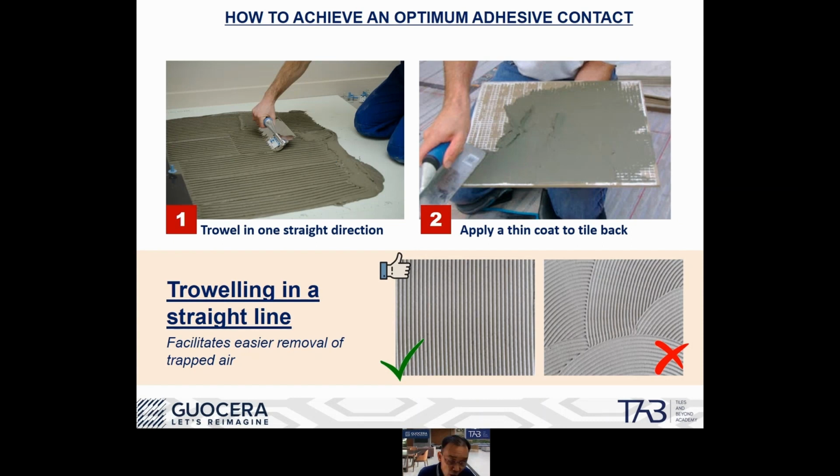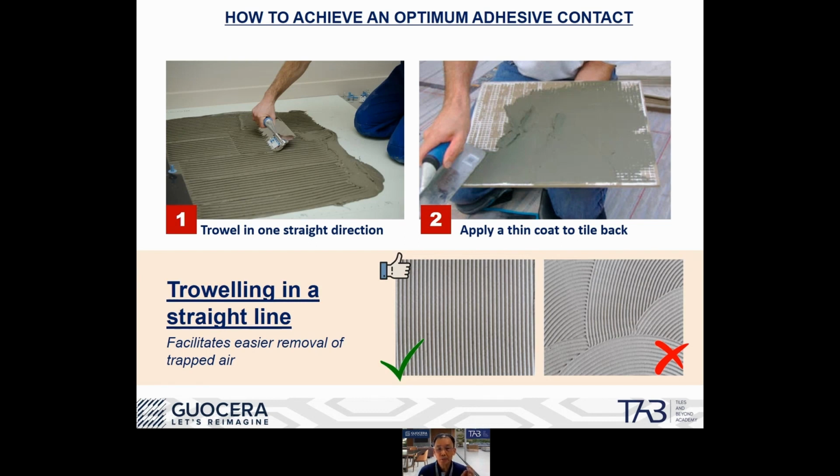The application of the adhesive is very important. Application of the adhesive in a straight line is much preferred over the common application in multiple directions. At a lot of job sites you'll notice that the contractors normally go for this multiple-direction application of the adhesive.